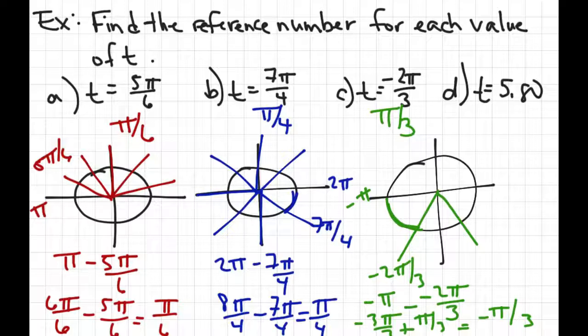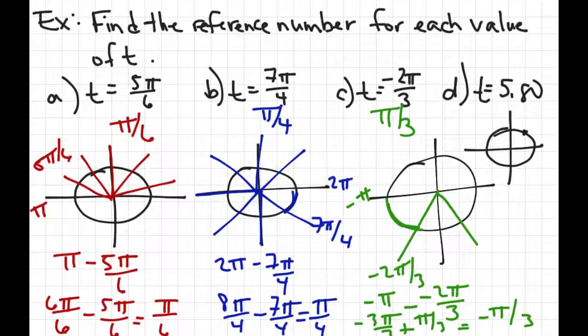How about D, though? That one's kind of wacky, isn't it? I gave this in radians as a numerical value rather than in pi form. Well, one of the things we learned from the Smarty project was that 1 radian was somewhere over here.